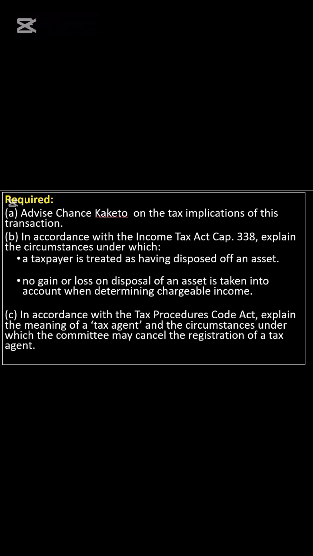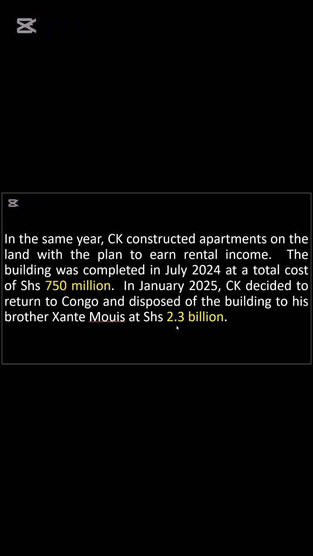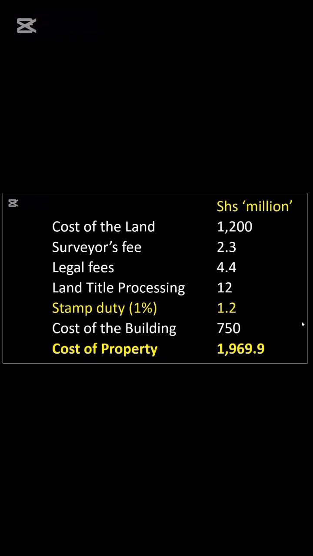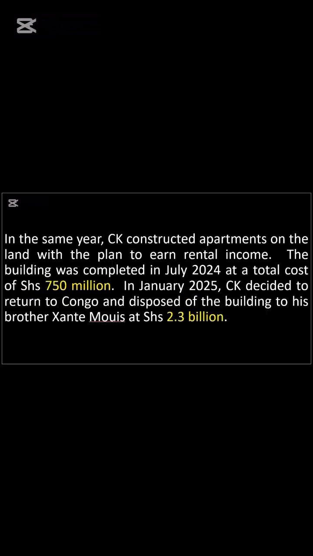Let us look at 2.3 billion. So now, if he sold it at 2.3 billion, meaning there is a gain on disposal. Because the cost of property was 1.9, then he's selling it at 2.3 billion.